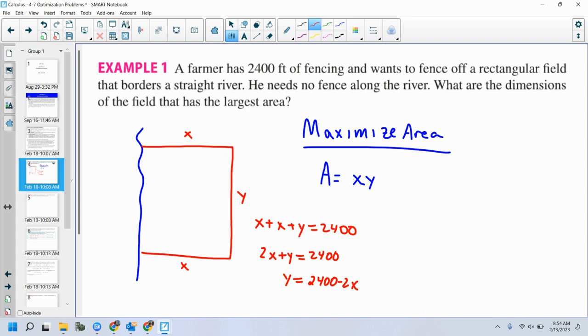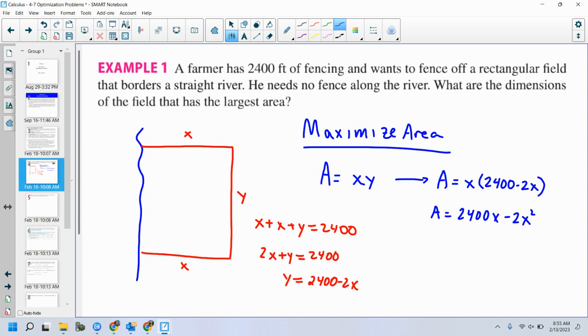Okay, so now let's go back to our original equation and say, well, in that case, area is going to be equal to x times, use substitution here, I know that y is 2,400 minus 2x. Distribute the x: 2,400x minus 2x squared.